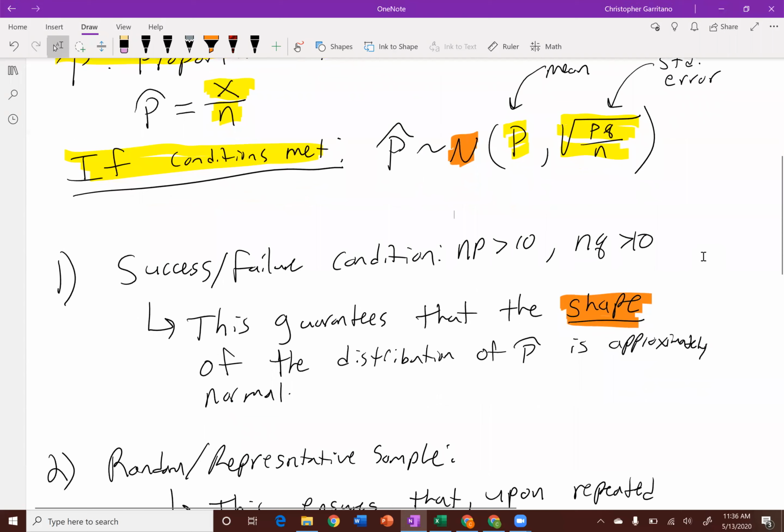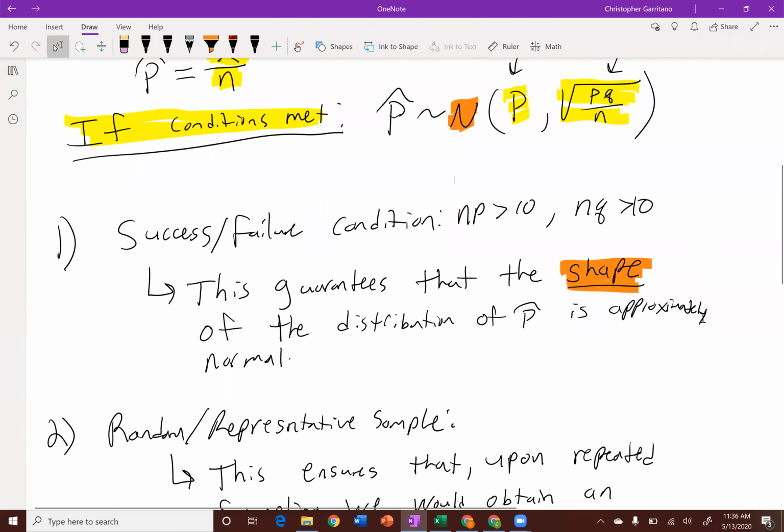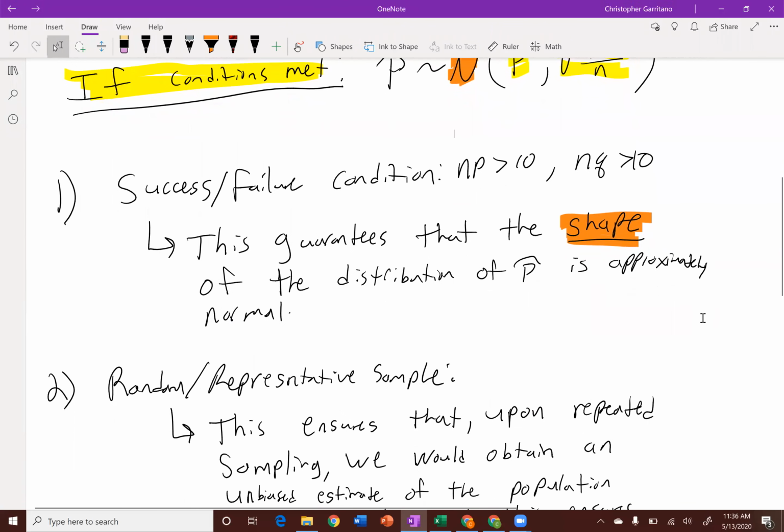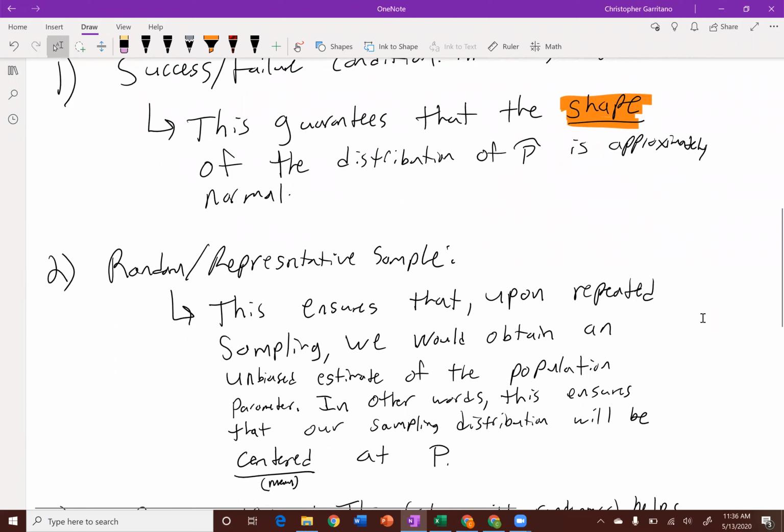The second condition for the distribution of p hats is a random/representative sample. So why do we want this? Well, it will ensure that upon repeated sampling, if we were to take many random samples, we would obtain what's called an unbiased estimate of the population parameter.